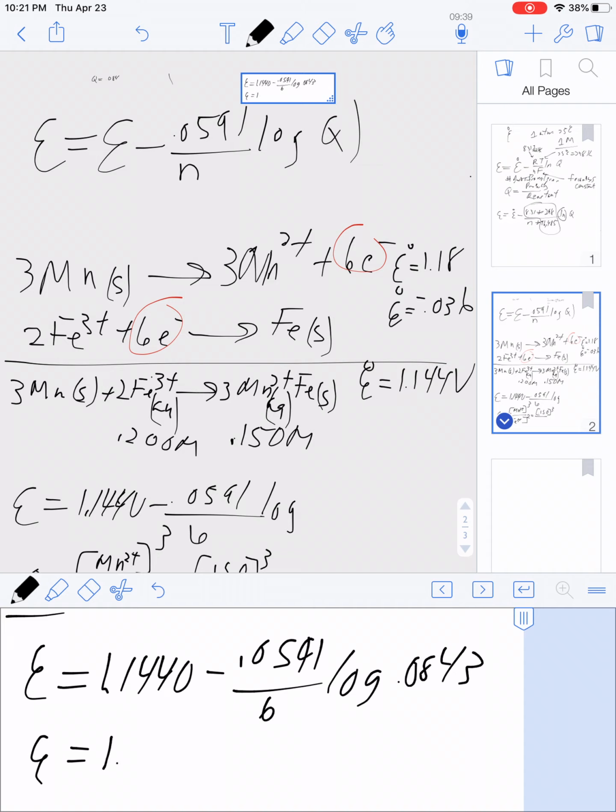It becomes 1.13 volts. Okay, I'm just going to double check that calculation one more time. I got a little different number that time. Let me try that one more time.